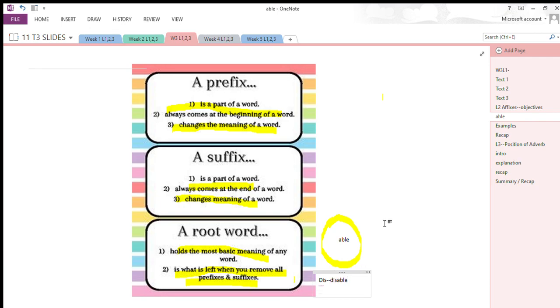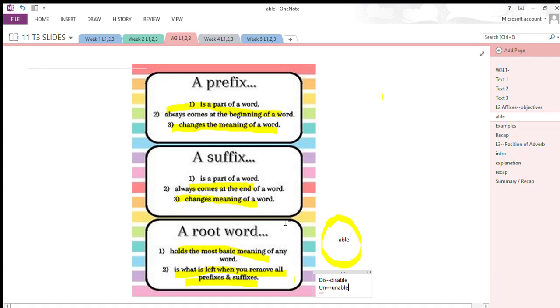Or if I use un before this, it will become unable. And when you remove dis and un, the root word will remain as it is. So by adding the prefix dis or un, we have changed the meaning of the word able and it is converted into an opposite word. So this is how we use prefixes or suffixes.